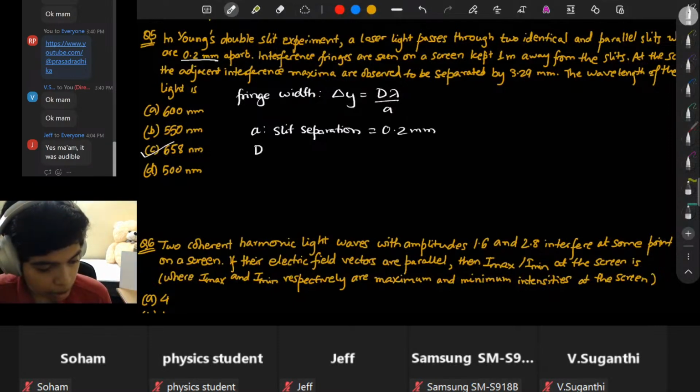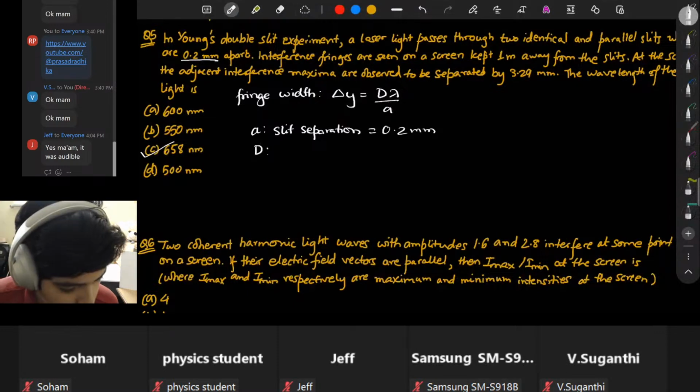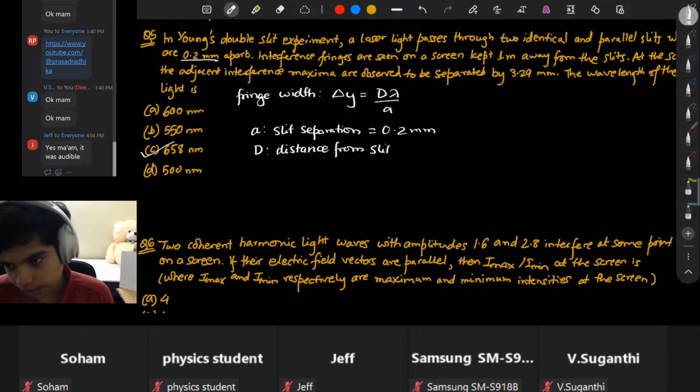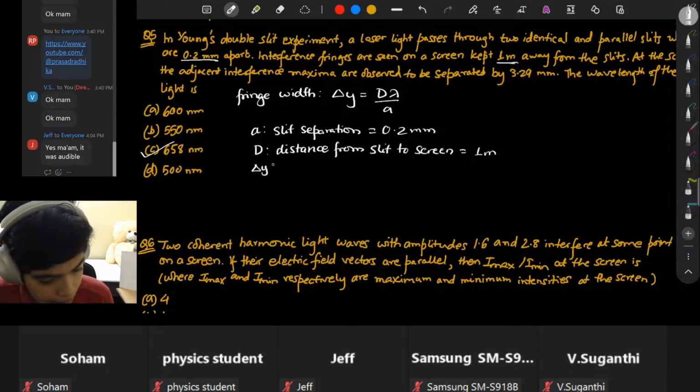D is the distance from slit to screen, and that we are given is 1 meter. The screen is kept 1 meter away. And delta y we are given is 3.29 mm over here.